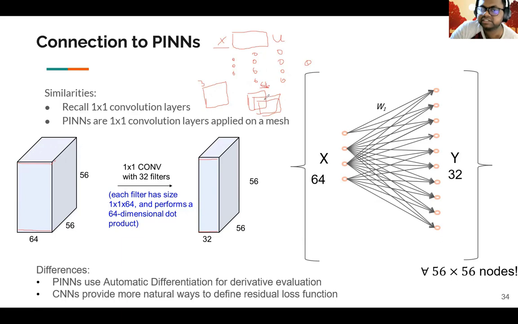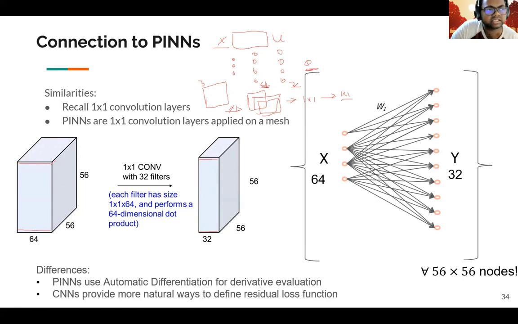Once you have the 64, you perform another 1x1 convolution of 32 dimensions to give you this latent vector. And from this 32, you perform another 1x1 convolution with just one filter, giving you just the U value at the output.